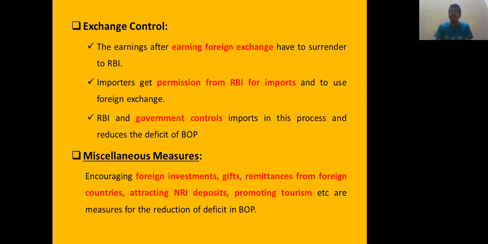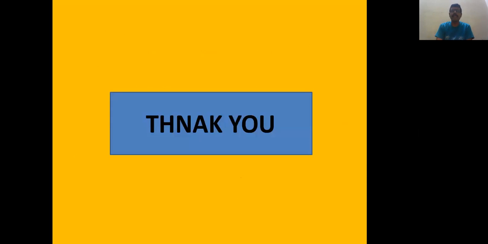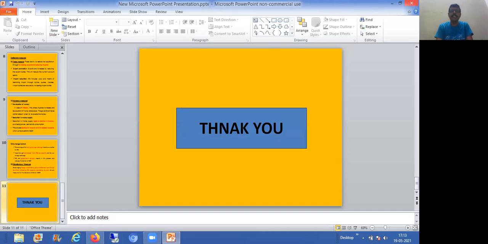And the RBI must also set government controls to reduce the imports. Miscellaneous measures. Gifts given must be reduced. Gifts taken must be increased.